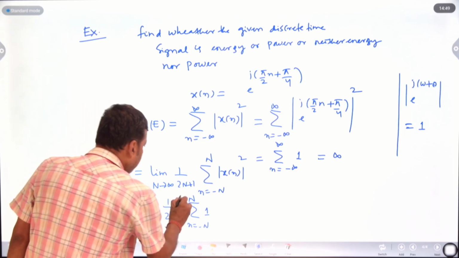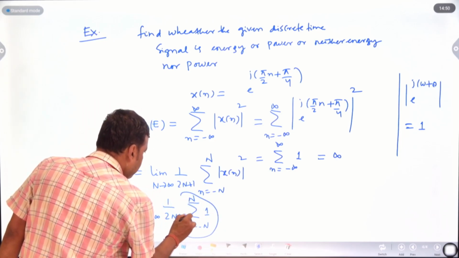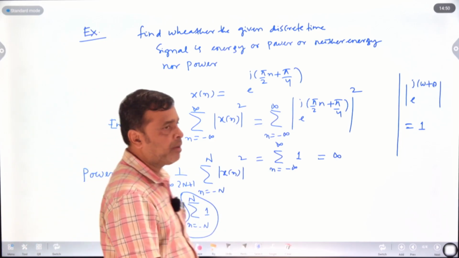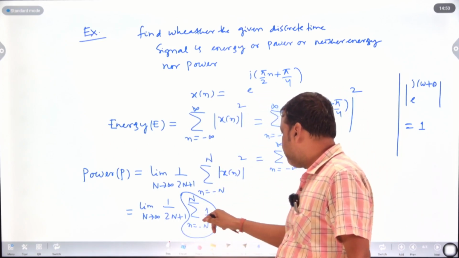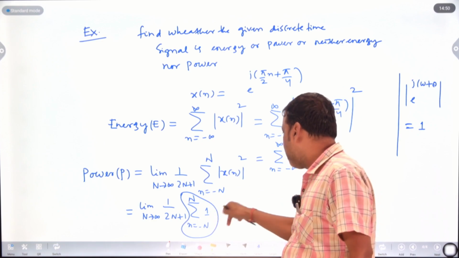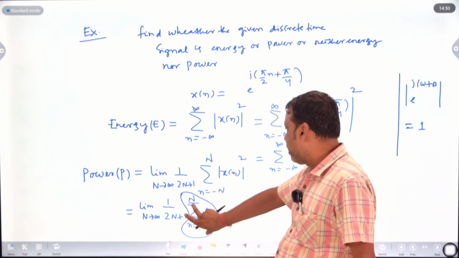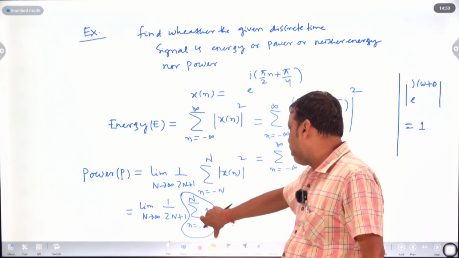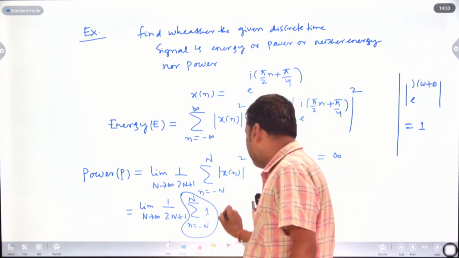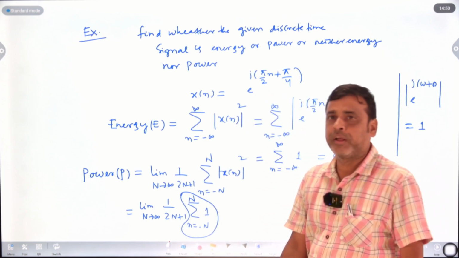So what is the sum for n equal to minus n to n of 1? For n equal to minus n, that is 1. For n equal to minus n plus 1, that is 1. The interval is minus n to n, that is 2n. If we add these ones, the value is nothing but 2n plus 1.